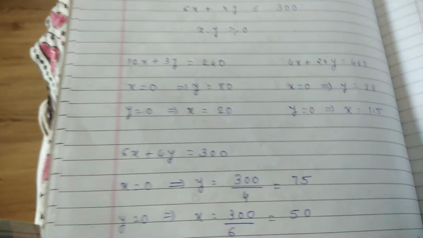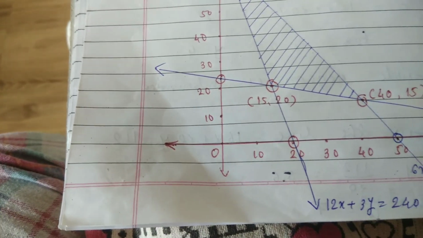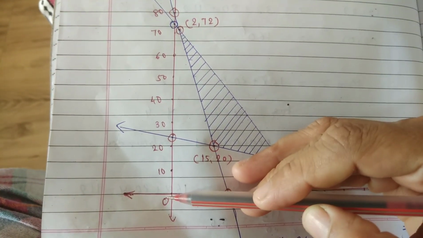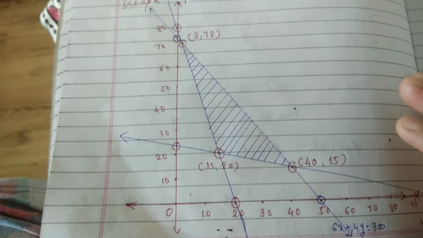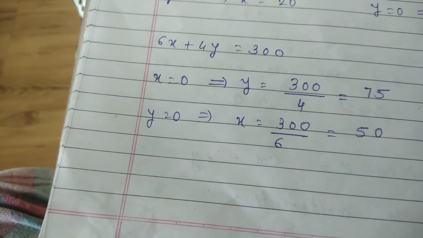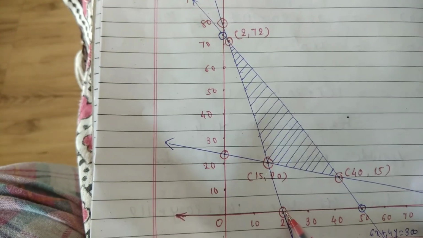When 12x + 3y = 240, your solution is: x = 0, then y = 80, and y = 0, then x = 20.